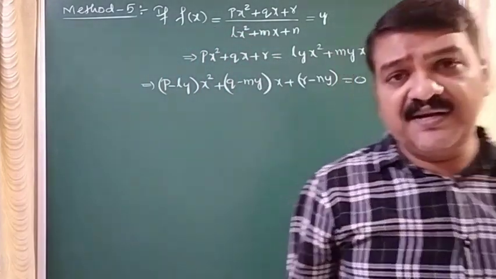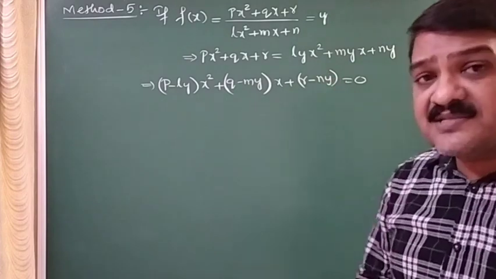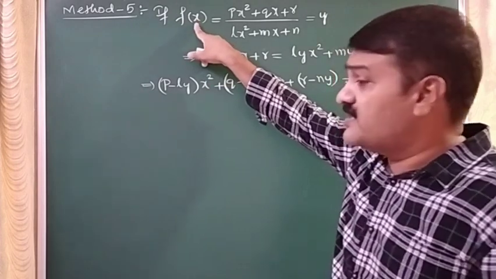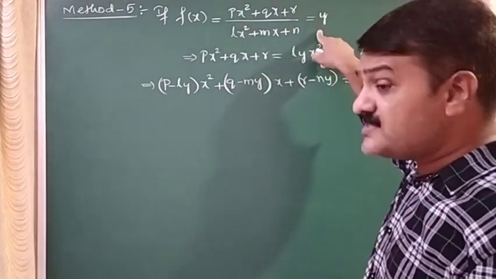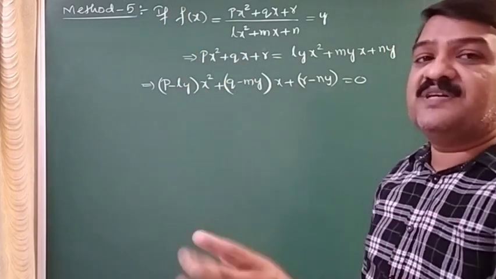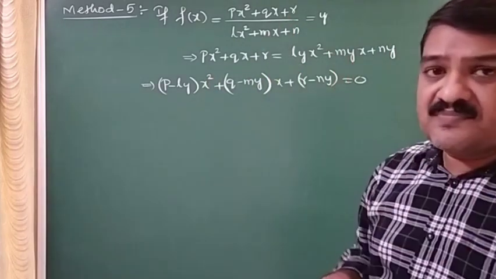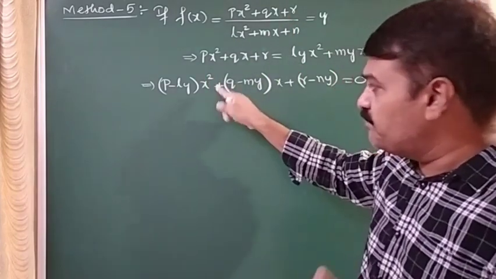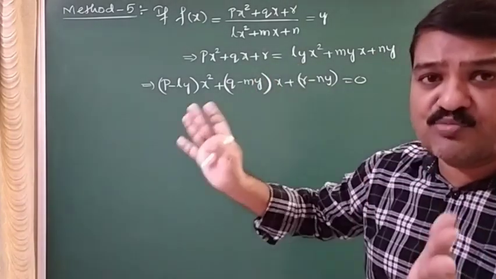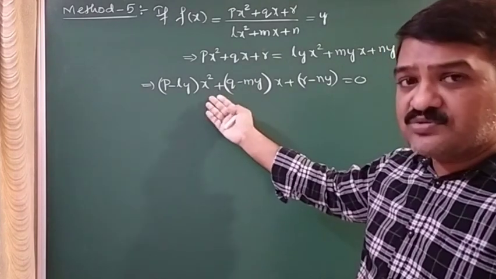So now this is a quadratic equation in terms of x, and x is always a real number, because whenever we are discussing functions, we will discuss only real valued functions. So x is always a real number only. When x is a real number, roots of this quadratic equation are also supposed to be real numbers only, because roots are nothing but x values.